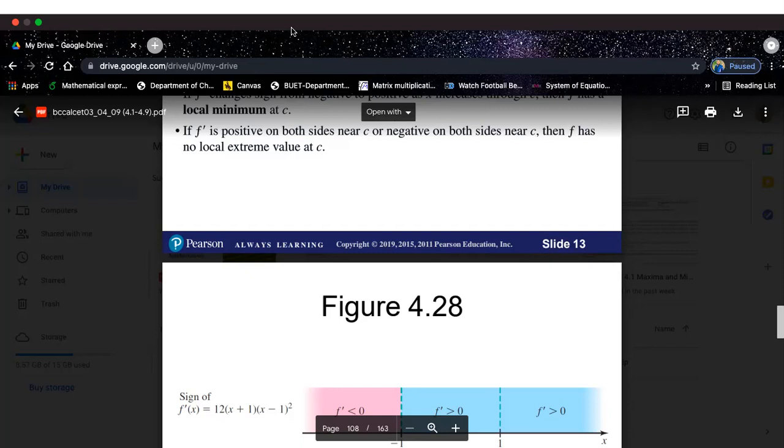If a function is given, any function, how can you find the critical point? Wouldn't this one just be 1 and -1? How did you find that? Because it's already factored out for us. So again, my question is, if a function is given, how to find the critical points from there?